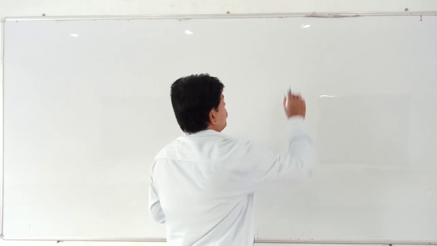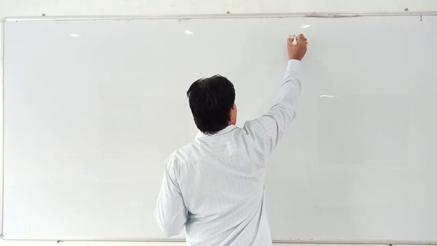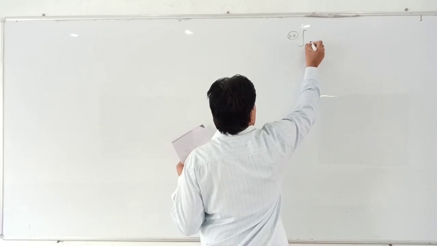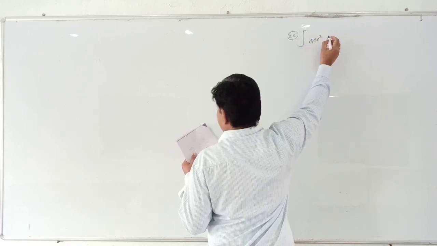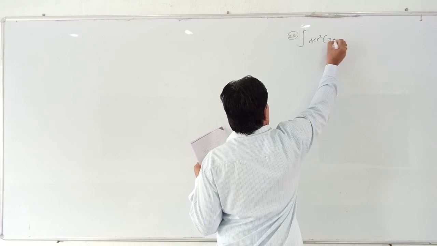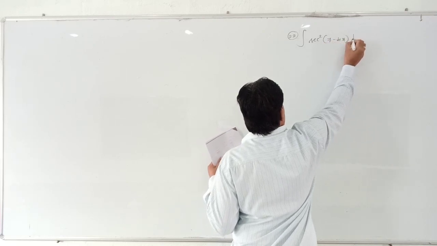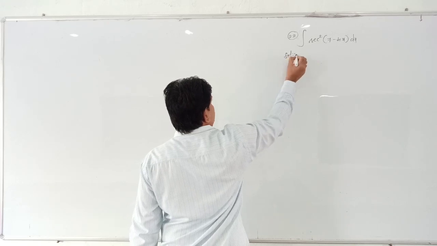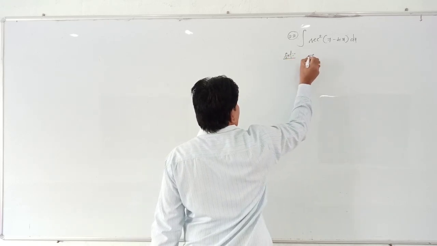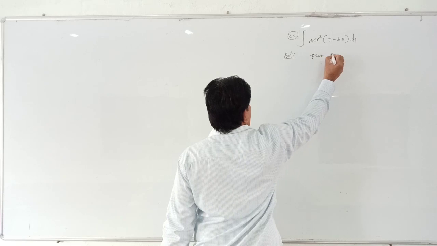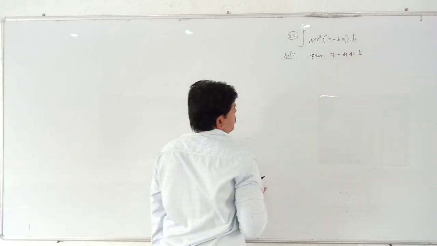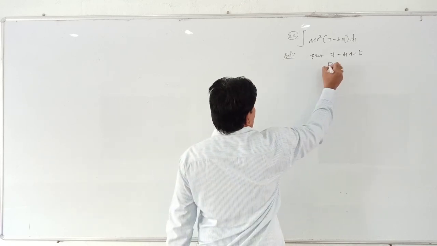What is question number 22? Integral of secant square 7 minus 4x into dx. So what will we do? First we will take 7 minus 4x is equal to t.